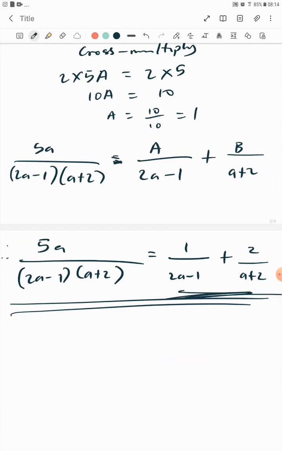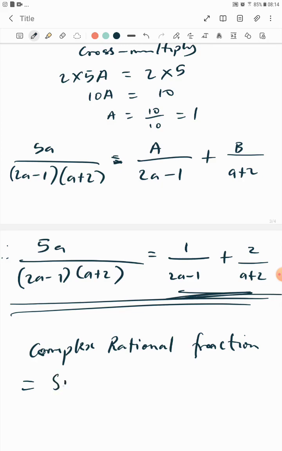So in partial fraction, you go from a complex rational fraction, just a single fraction, which will be split into simple rational fractions.